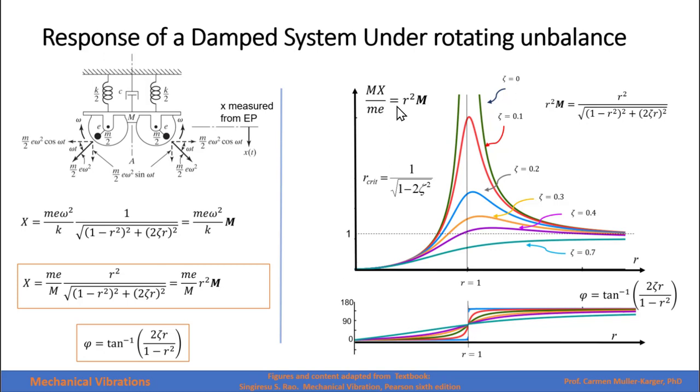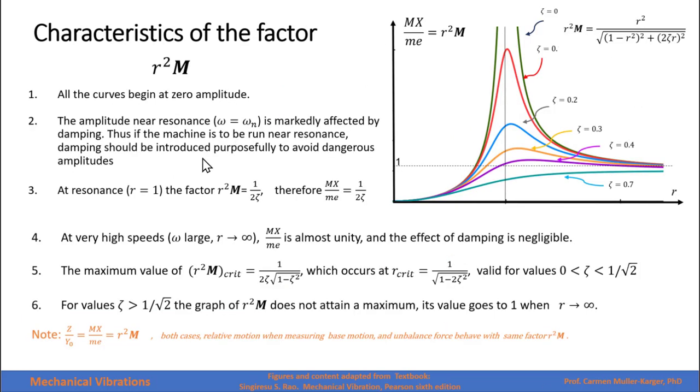Here we have the graph of the frequency ratio squared times the magnification factor. Let's look at some characteristics of this graph. All curves begin at zero amplitude. What does that mean? It means that if the frequency of rotation of the rotating machine is zero, then we don't have any excitation, and therefore the response is also equal to zero.